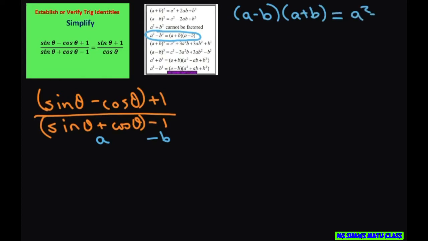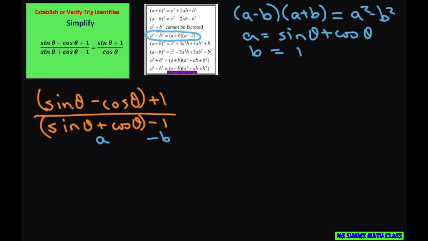So that means I'm using this, and we have a minus b. So I have a minus b, and I want to multiply it by a plus b. So I can write this as a squared minus b squared. So my a equals sine theta plus cosine of theta, and my b is 1.